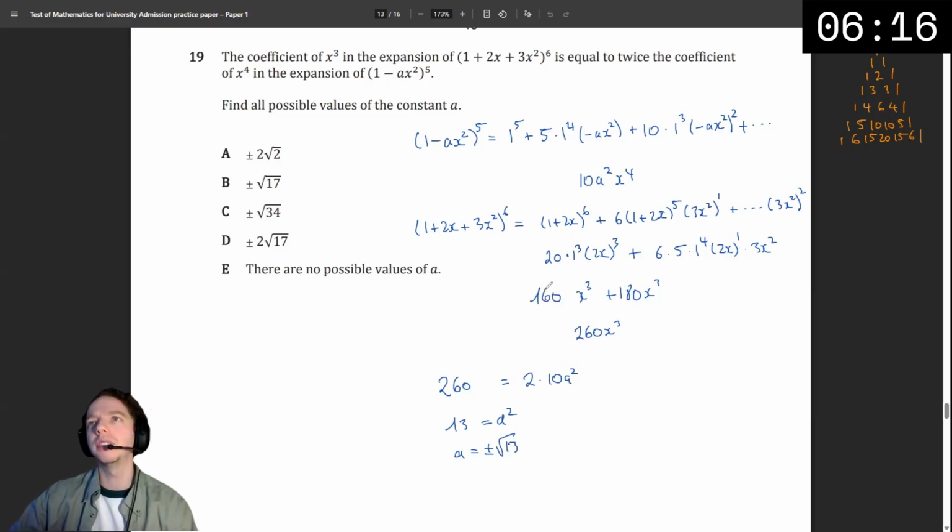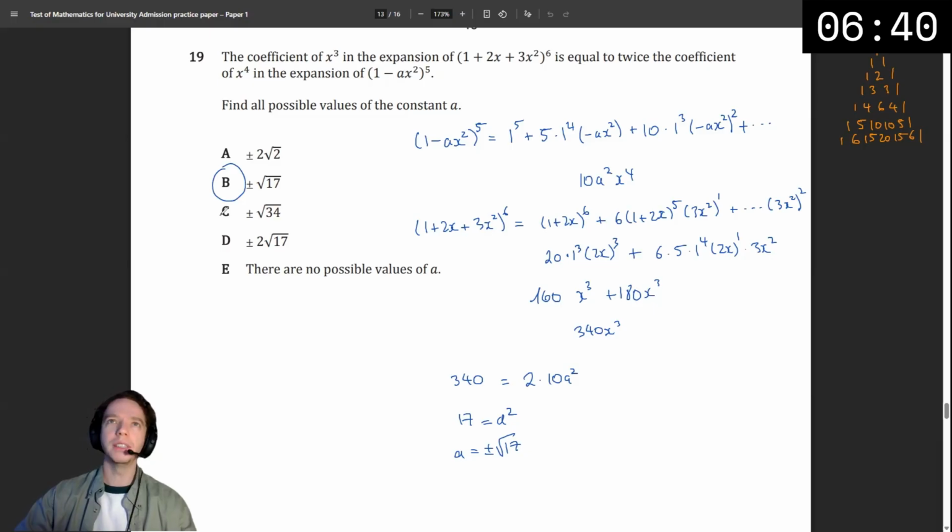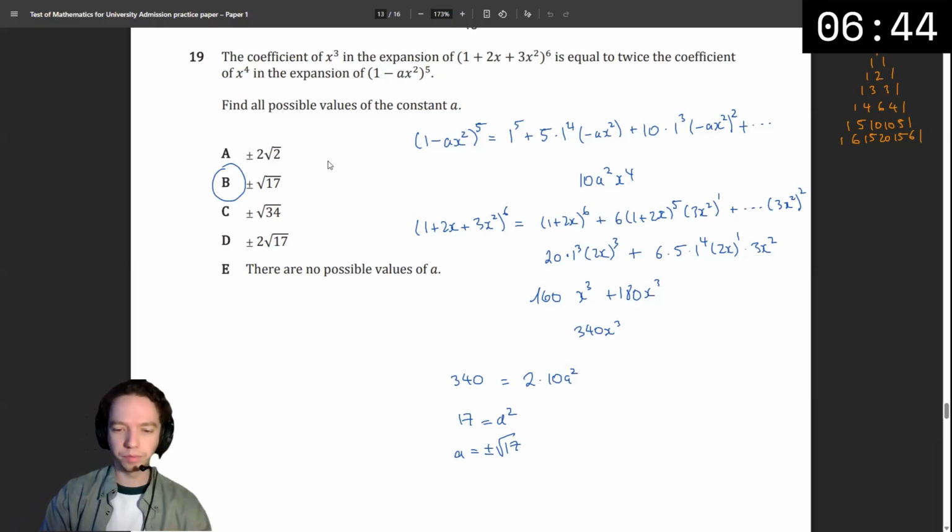This would be 160 x cubed, and then 340. Yeah, I feel like I'm rushing a bit too much, making too many silly mistakes. So 160, so 340. Okay, which means divide by 20, that's 17, and so plus or minus the square root of 17. So hopefully answer B, and I'm going to have a look.